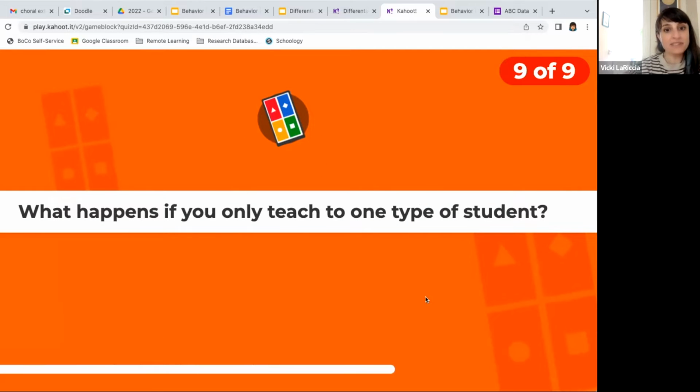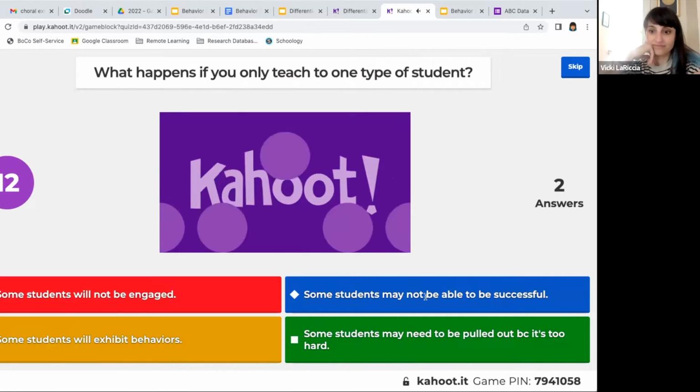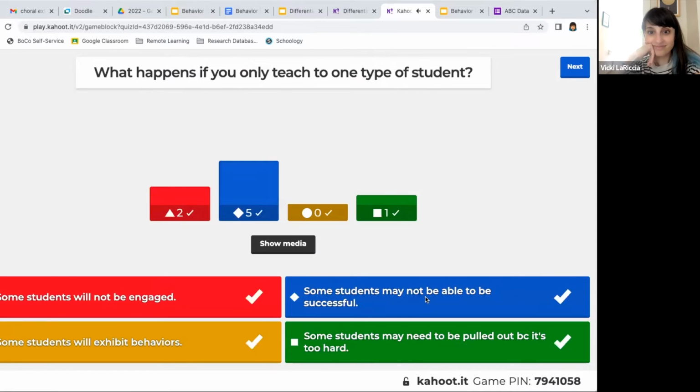What happens if you only teach to one type of student? This is another trick question because they're all correct.